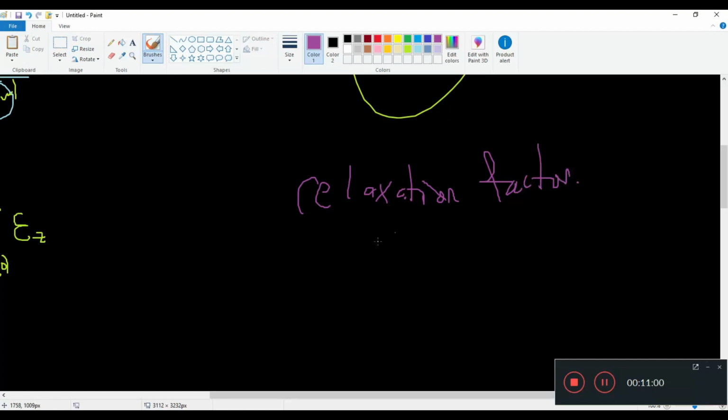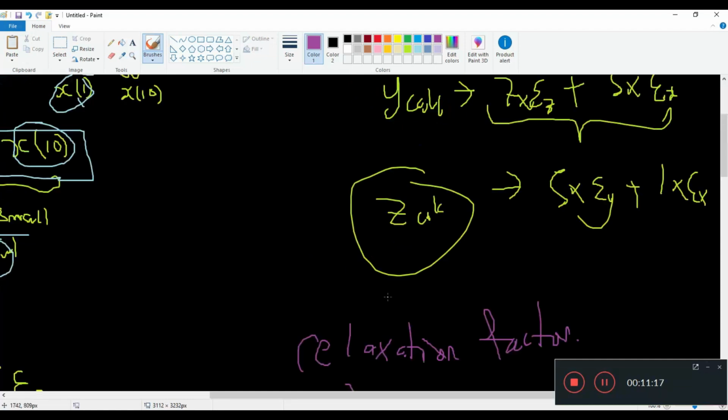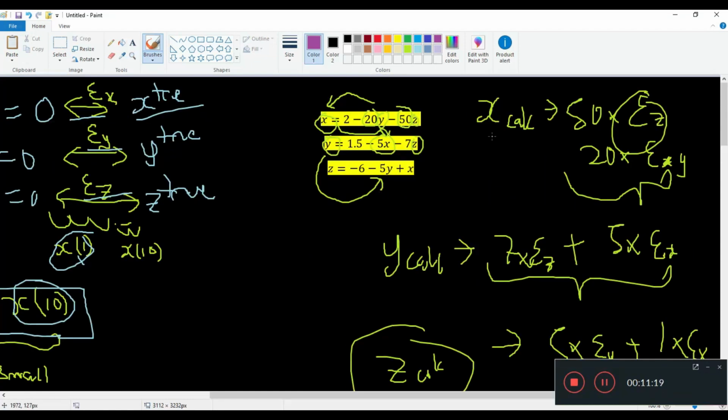You may see people use the symbol lambda, you can use the symbol omega, you can even use the symbol alpha. Whatever, it doesn't really matter. So what are the relaxation factors?